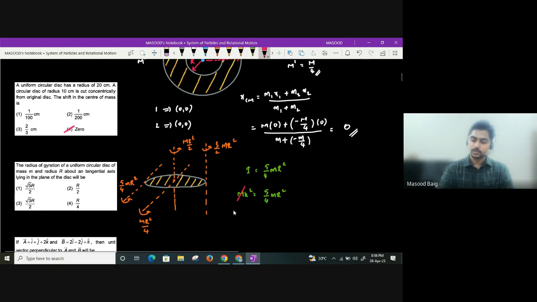From this, what can we cancel out? M and M will get cancelled out. K square value will be 5 by 4 r square. I will get K value as root 5 divided by 2 into r. Clear, everyone? Understood or not? Yes or no?